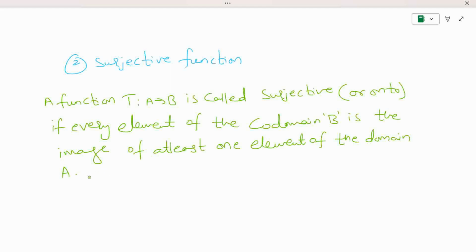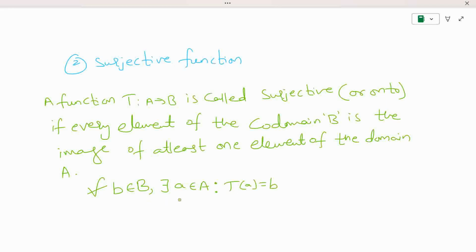So in notation I am writing the same thing. The symbol is for every b belongs to this capital B set, there exists. Please see the notation: for every b belongs to B, there exists symbol is this, a belongs to A, and these two dots represent such that T of a equal to b.